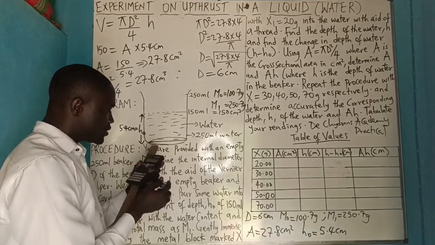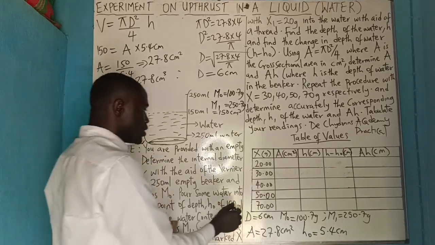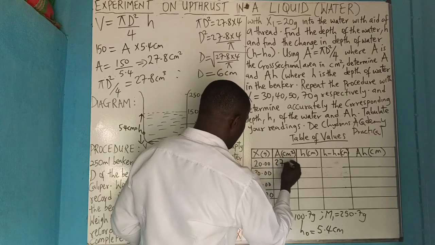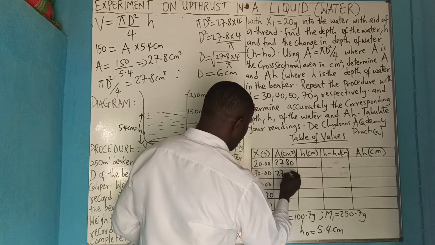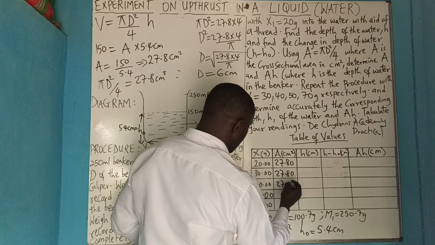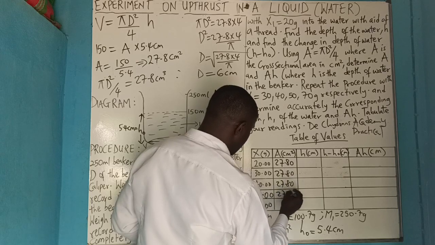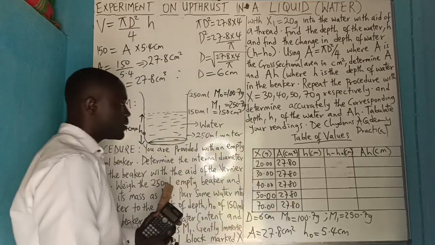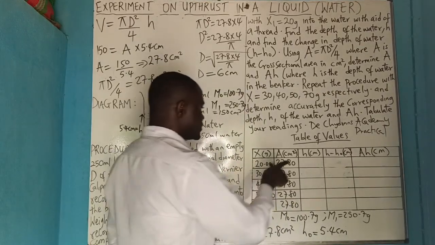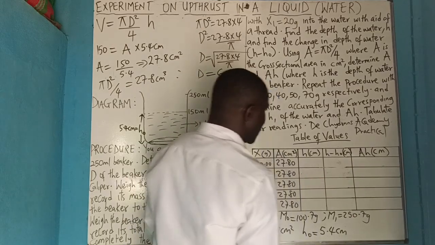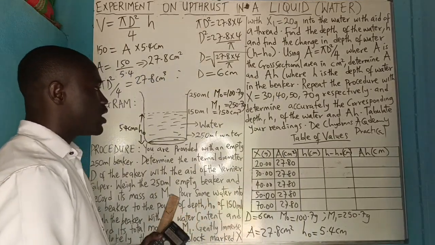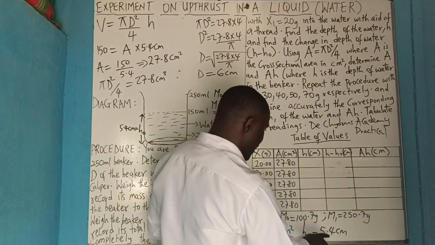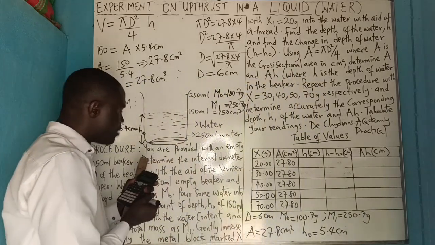Wow, we have written down all those parameters. So the area is constant. We'll write it here: 27.80, 27.80, 27.80, 27.80. Okay? Then the height, this is H. We have to look for it. Then our HO is 5.4. We have to have it in our mind.